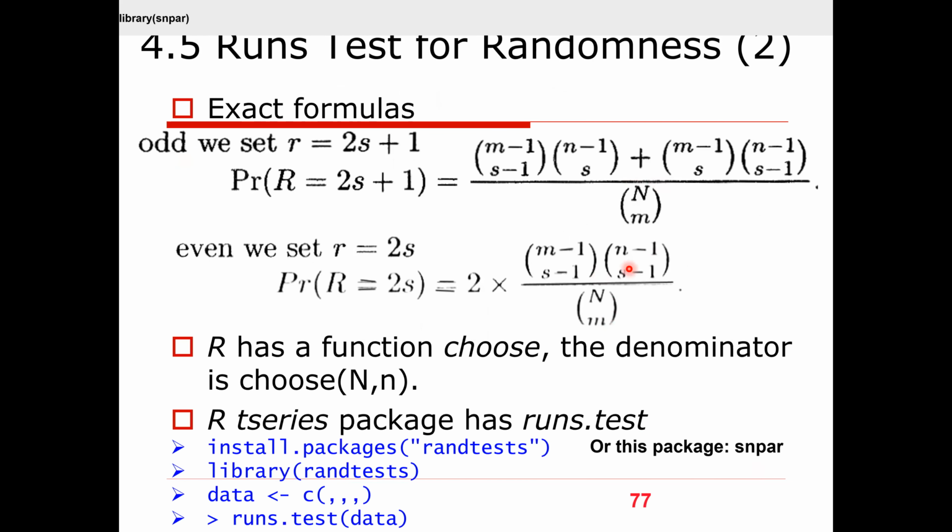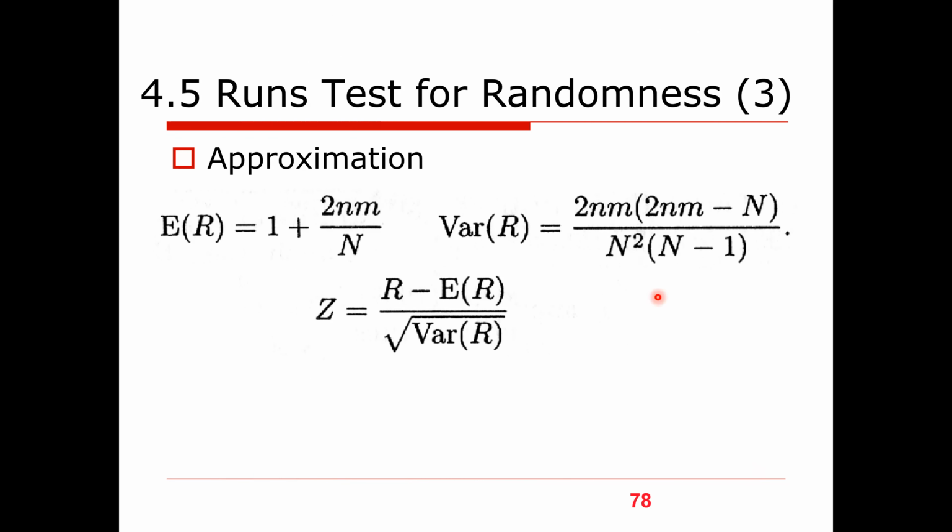These are the equations to get the exact p-value. To simplify, we can get asymptotic results. So if you use R, the default result is asymptotic. If you want to have the exact p-value, you need to use the runs.test function from the snpar library and then define exact as false.